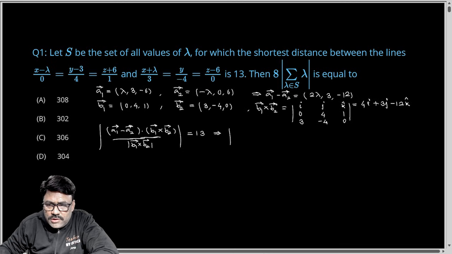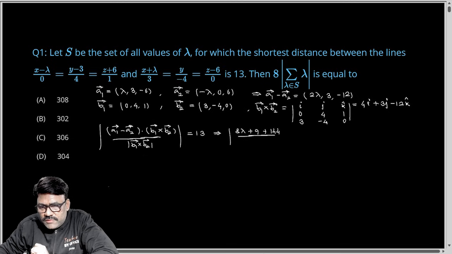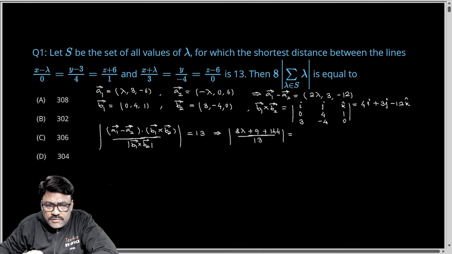Now what is A1 minus A2 dot B1 cross B2? I will get mod of 2 lambda into 4, 8 lambda, 3 into 3, which is 9, minus 12 into minus 12, which is 144, divided by mod of B1 cross B2, which is 16 plus 9, 25, 25 plus 144, so it is 169, whose square root is 13. And this is also 13 on the right side.